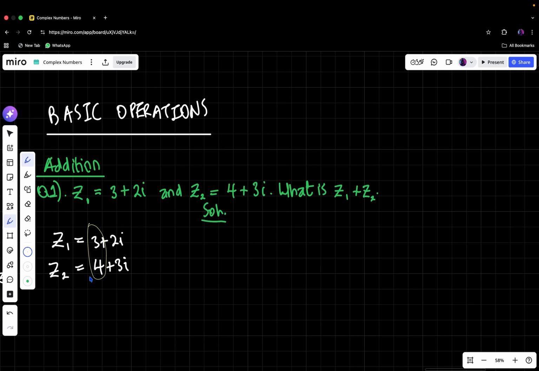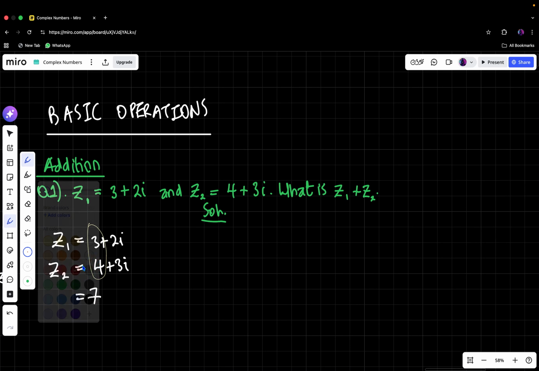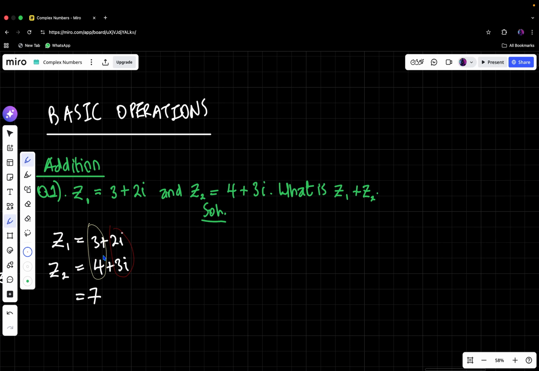So what's 3 and 4 added together? Let's just write the answer. Our final answer will be 3 plus 4, which is 7. And then you can only add the imaginary to an imaginary. So 2i plus 3i. You don't need to add up the i's here. You just say 2 plus 3, 5i. So this is the addition.